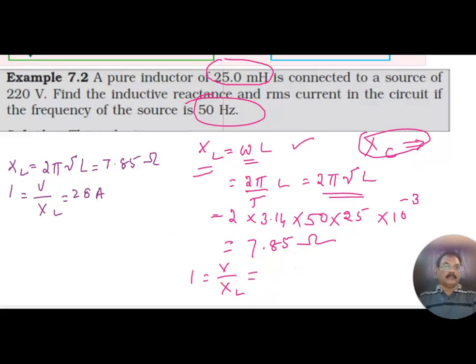V is given here as 220 volts, divided by the XL you calculated just now, 7.85. When you divide it, you will get 28 amperes. So 28 amperes of current will be generated in the inductor.